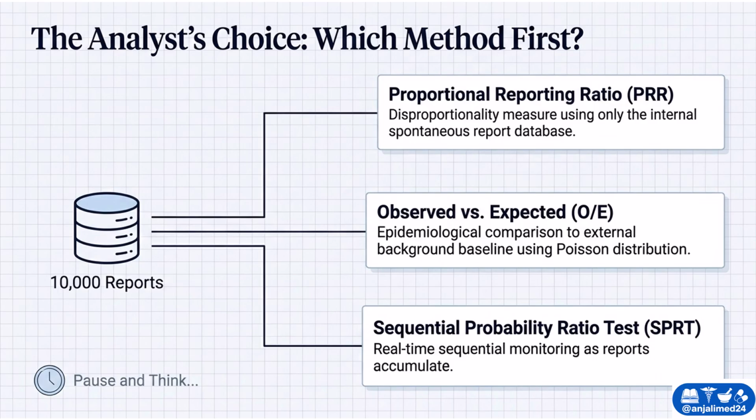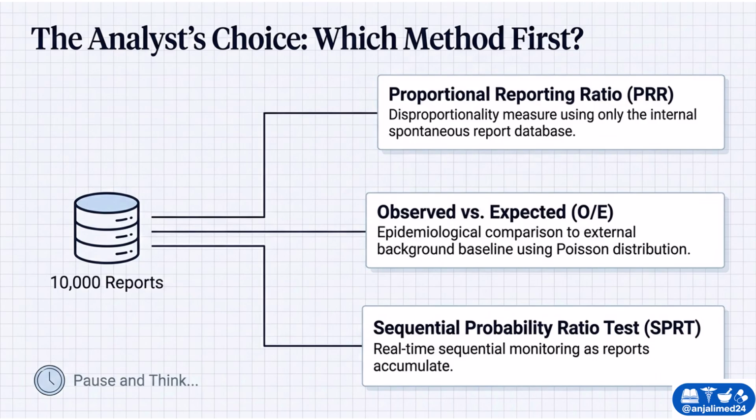The second method is observed versus expected analysis. Here, analysts compare the number of reported events with the number statistically expected in the general population using epidemiological background rates. This method is especially valuable for identifying whether the event truly exceeds normal coincidence. The third approach is the sequential probability ratio test, or SPRT.